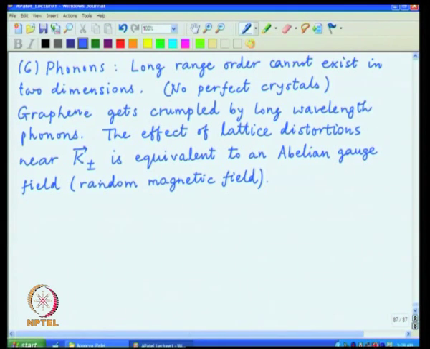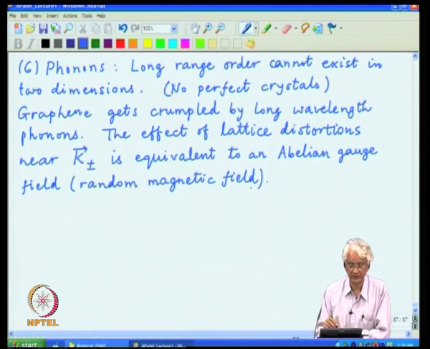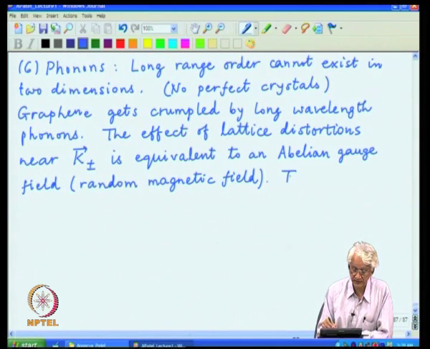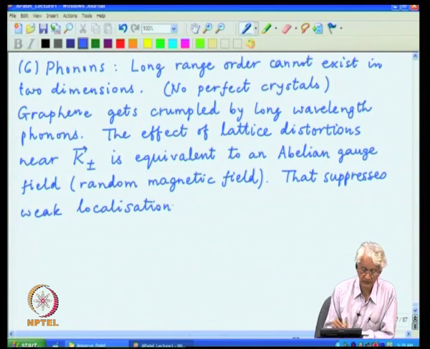every point on the lattice, and one has its effect on the Brillouin zone, and the consequence of this one can now work out more rigorously by treating again this extra abelian gauge field produced by the phonons in addition to the gauge field corresponding to the electrodynamics as well, and the net result is again these are fluctuations and they end up suppressing effects which are called weak localizations.